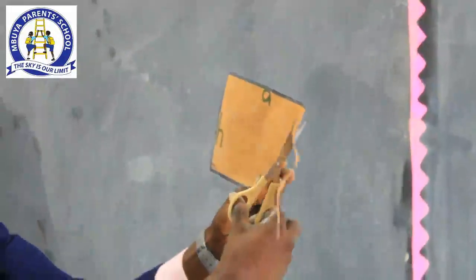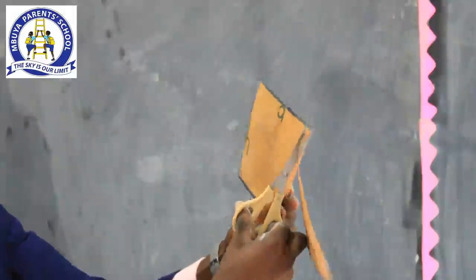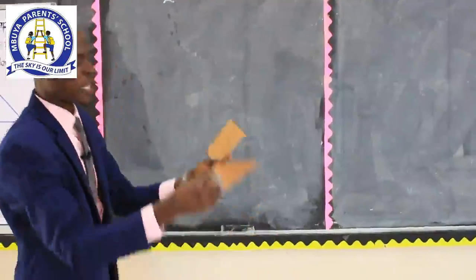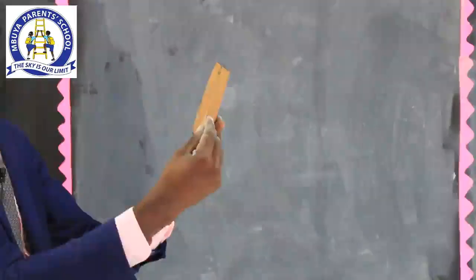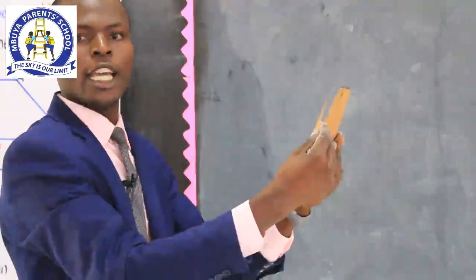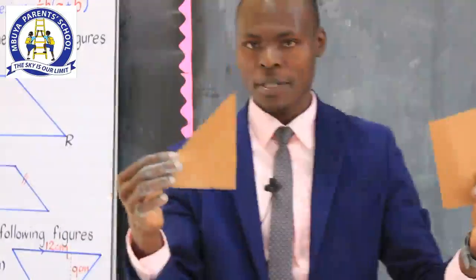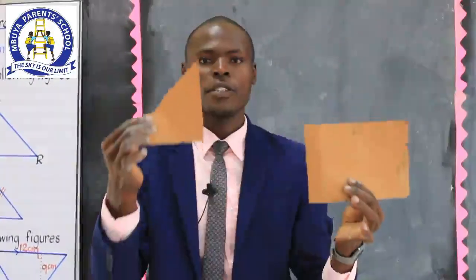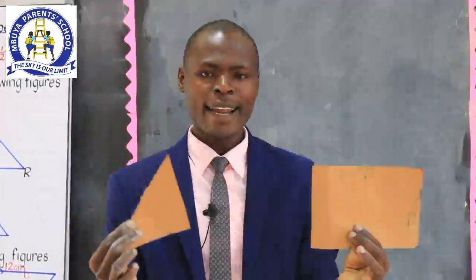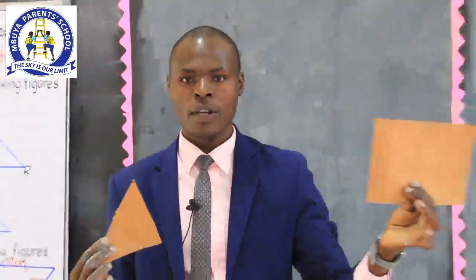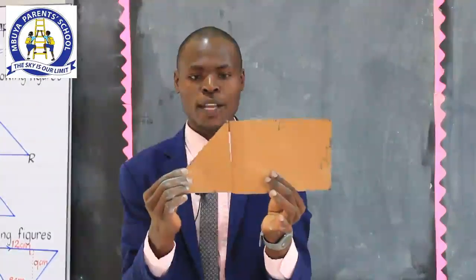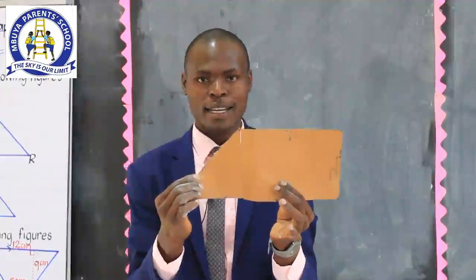Class, I really like it when you are moving with the teacher. Good. It was a trapezium, but now I have divided this figure into 2 parts. You get it? Now this is a rectangle, and this is a triangle. So when I get area of this rectangle, and I get area of this triangle, I put the 2 together. Automatically, I will be getting the area of the trapezium.